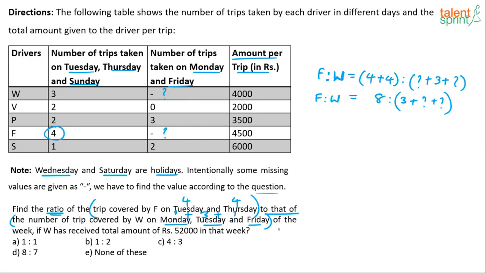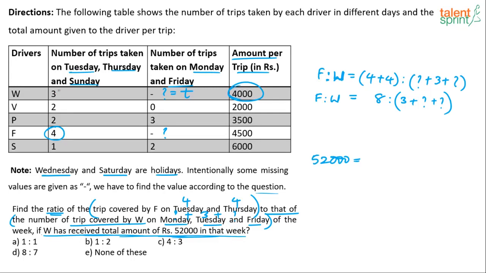Now, how do we get that number? Based on this data here. So number of trips covered by W on Monday, Tuesday and Friday of the week. See, a condition is given: W has received a total amount of 52,000 in that week. Let's assume the number of trips taken by W on Monday and Friday is T. Now he gets how much per trip? 4,000 rupees per trip. 52,000 should be equal to what?